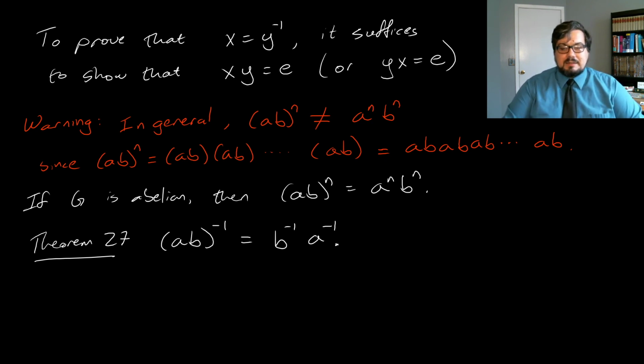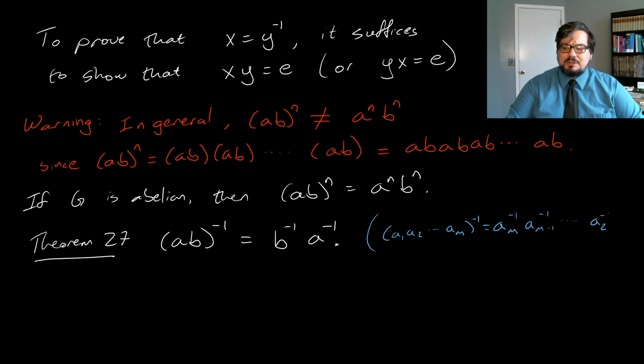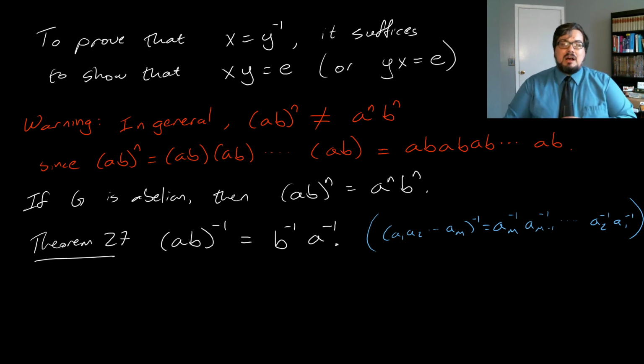Actually, we can get something more general. If I have A1, A2, up to AM, inverse, that's going to be AM inverse, AM minus 1 inverse, all the way down to A2 inverse, A1 inverse. So taking the inverse of a product is the same as taking the product of the inverses, but in reverse order.